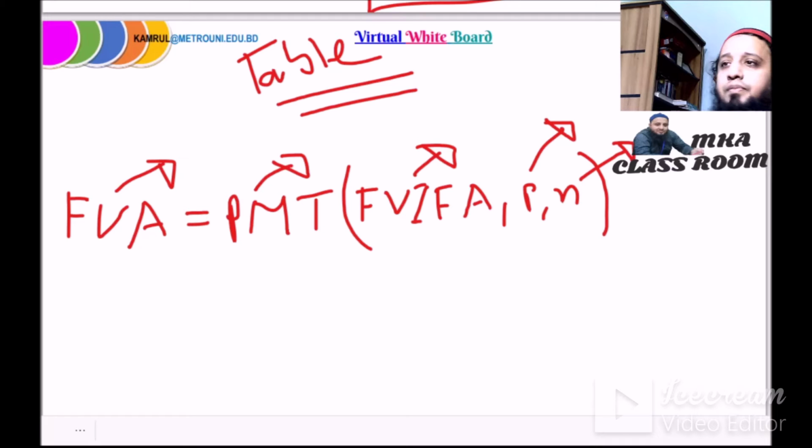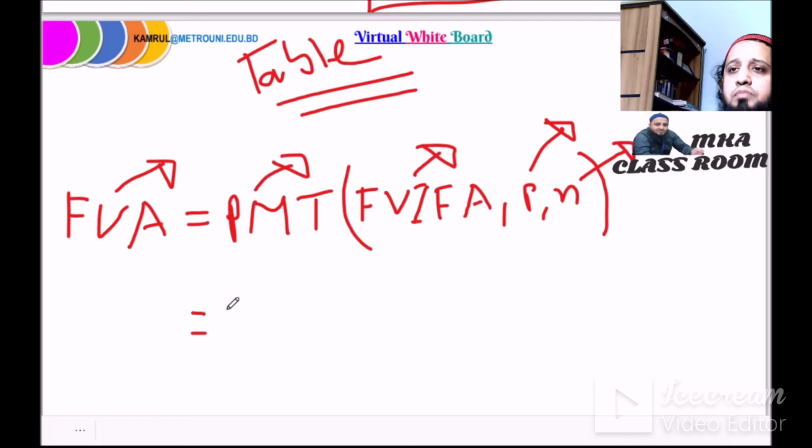So, by the use of table, FVA equals PMT into FVIFA R N. That is our desired formula for finding the future value of annuity. From our problem we know it is a future value problem, an ordinary future value of annuity problem. Then we can write down our formula.